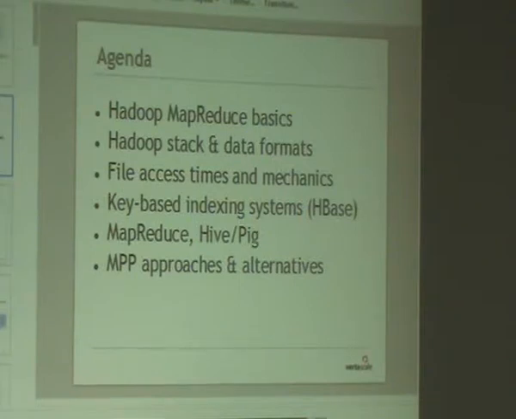And then we're going to talk about some of the methods that have been built on top of Hadoop, like HBase, for doing key-based indexing. And then we're going to get into a little bit of the layers of Hive and Pig, and some of the things called MPP, massively parallel processing approaches, which include some things that were invented at Google, like the Dremel architecture, and talk a little bit about Spark, which is an alternative to MapReduce.